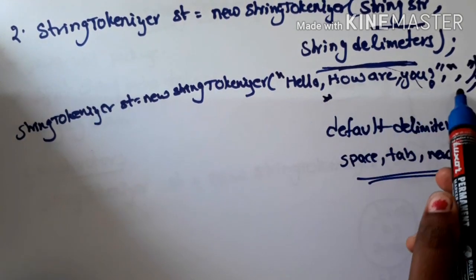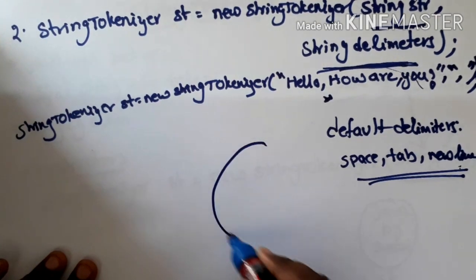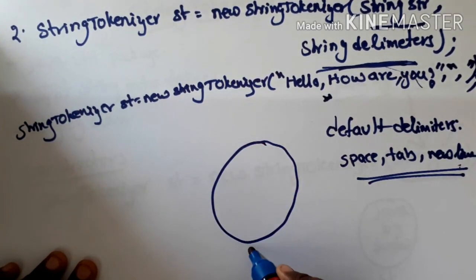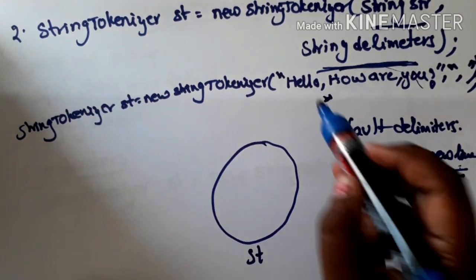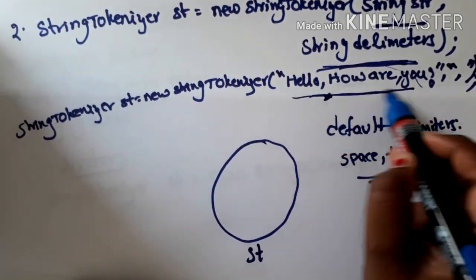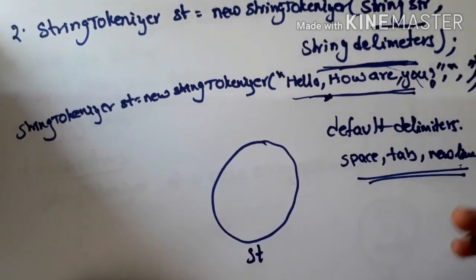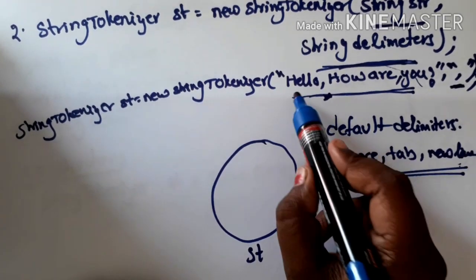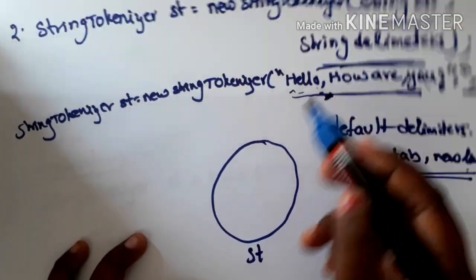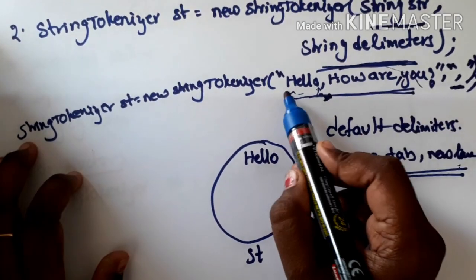So what happens if I create an object like this? It will create a StringTokenizer object st, and the string which we passed here, "Hello, how are, you?", will be tokenized based on the passed delimiters.